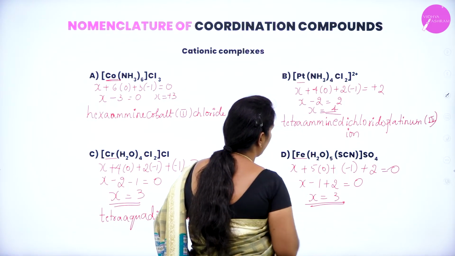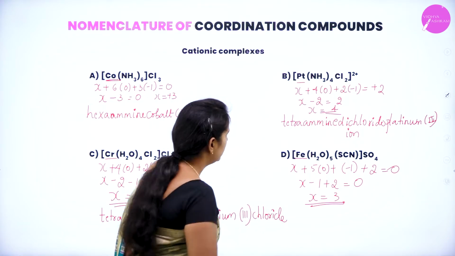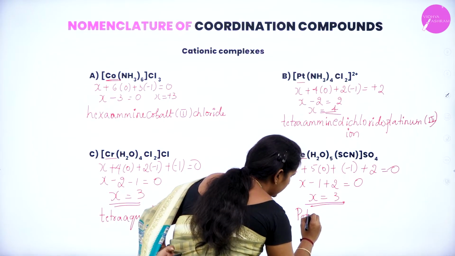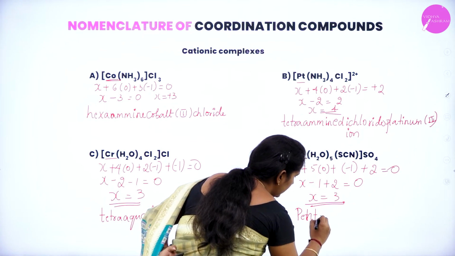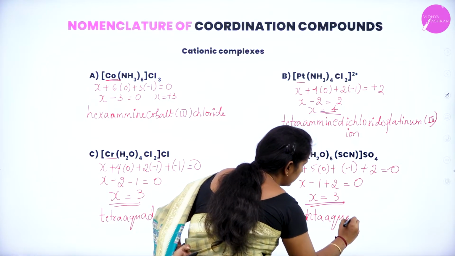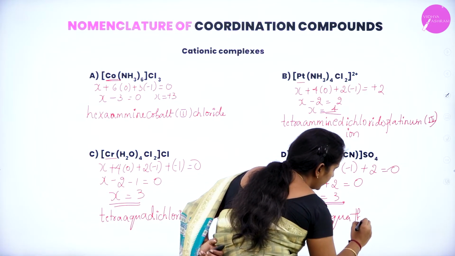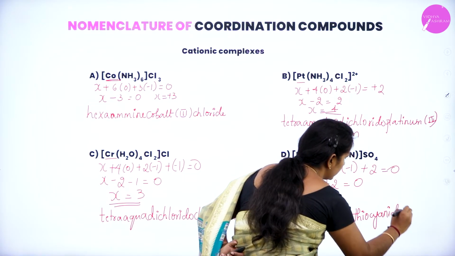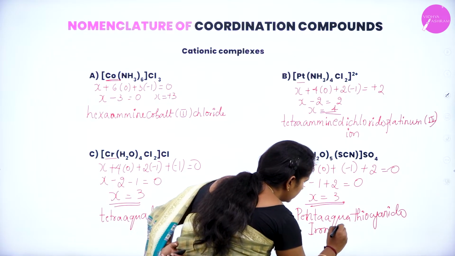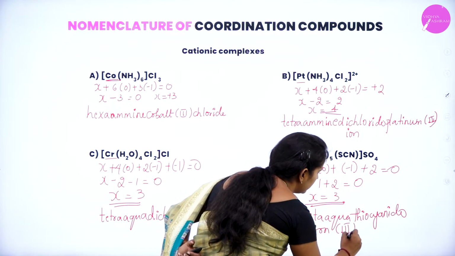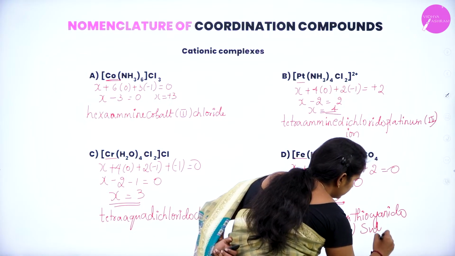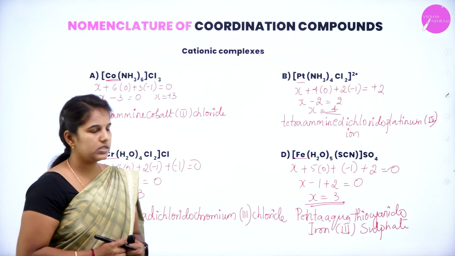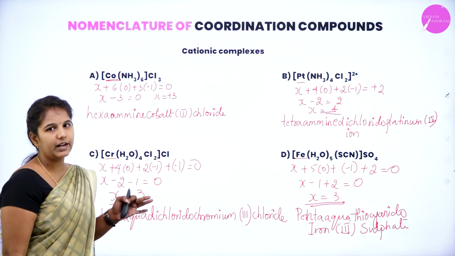So the oxidation state of the iron will be +3, and it is named as pentaaqua thiocyanato iron 3 sulfate. Iron 3 sulfate. So these are 4 different examples for the cationic complexes.